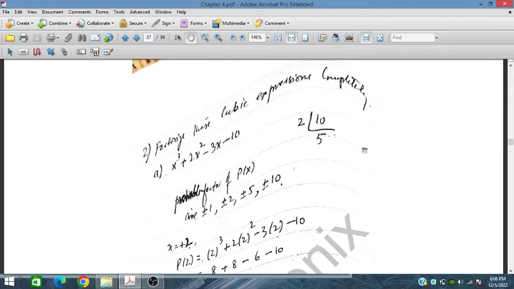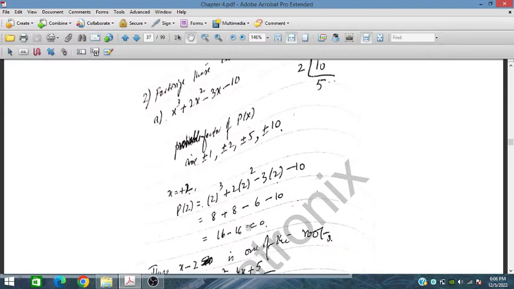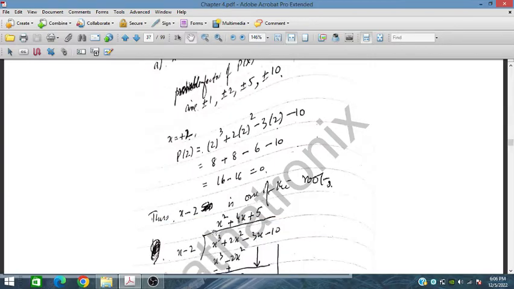So this is 10, so we see that 2, 5, 1 and 10 are the probable solutions, because this element has to be multiplied with the coefficient of x cubed, and one of the probable solutions is from one of these. So we try it, and x equal to 2. When we place x equal to 2 in this polynomial, the remainder is 0, so x minus 2 equal to 0 is one of the factors.